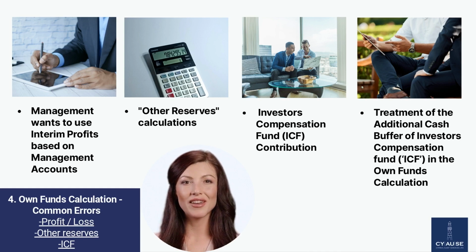Investors' Compensation Fund, ICF, contribution should always be excluded from the own funds calculation, common equity Tier 1 capital. Reference is Circular C162. The new deduction from the own funds calculation of 3%, serving as an additional cash buffer of the investors' compensation fund, as small as it may be, should be deducted from the own funds calculation and should agree with the funds deposited in a separate bank account.